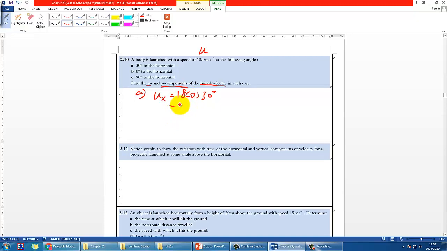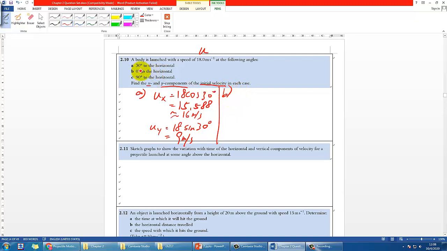The answer is 15.588, so I'll take it as 2 significant figures, 16 meters per second. And then uy is simply 18 sine 30, and then again you use your calculator, it will be 9 meters per second.